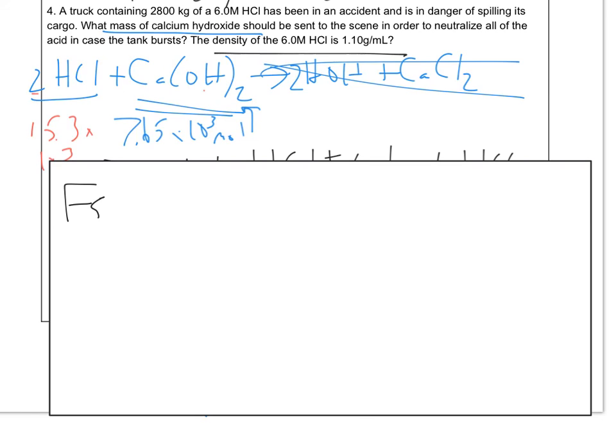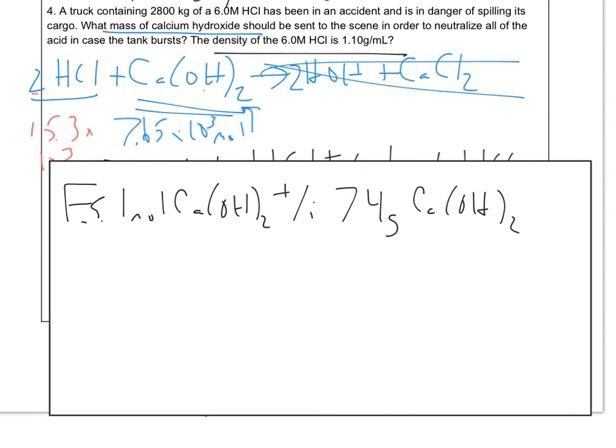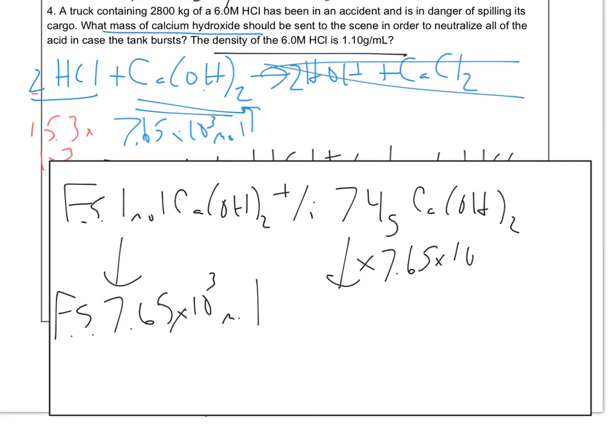We're going to say for every 1 mole of CaOH2, there is 40 plus 32 is 72 plus 2 is 74 grams of CaOH2. And then for every 7.65 times 10 to the 3rd moles, times 7.65 times 10 to the 3rd, that is 566 grams of CaOH2.